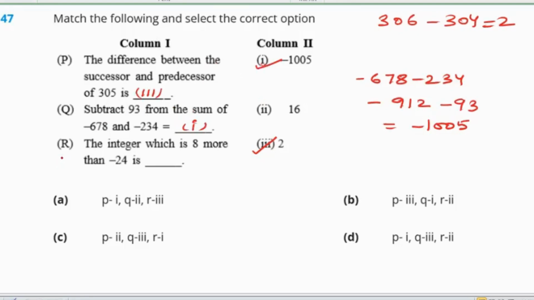Now let's move to R. It says the integer which is 8 more than minus 24. 8 more than minus 24 is minus 16. So our answer is option 2, 16. So the correct sequence is 312, which is in option B. So that's why option B is our correct answer.